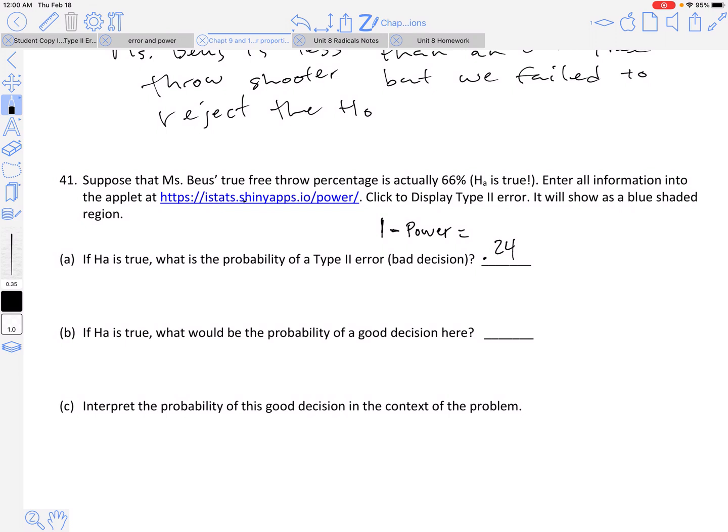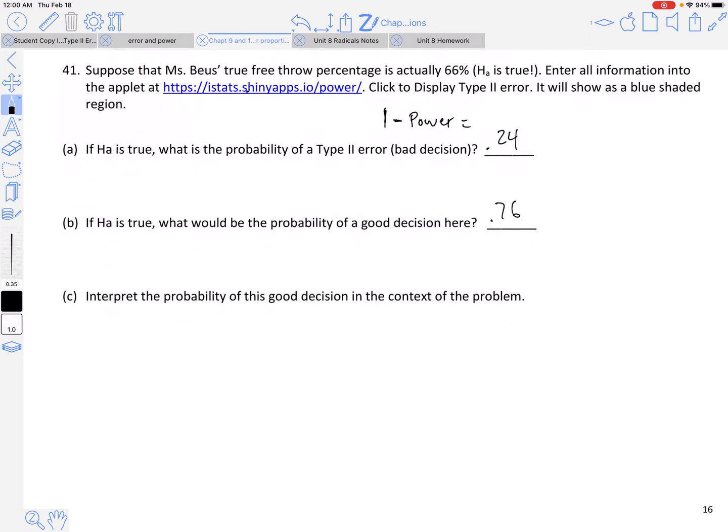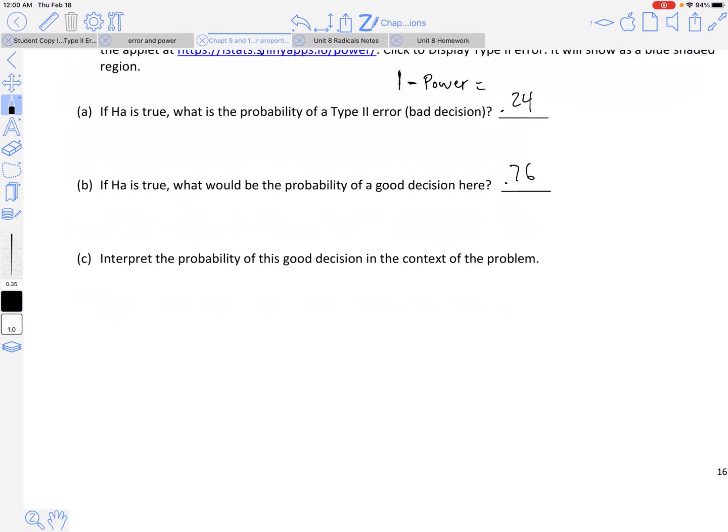So write that on your paper. If the null is true, what would be the probability of a good decision here? Well, 76%, right? So think about that and that relationship there. We're going to interpret the probability of this good decision. So kind of interpret what we just saw.